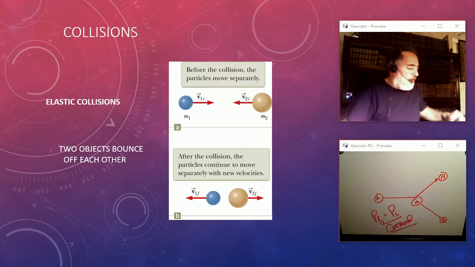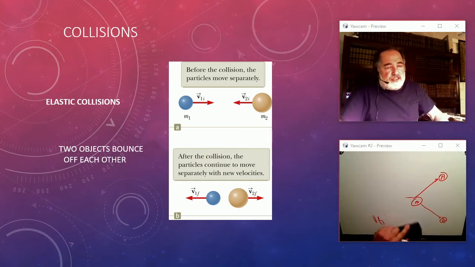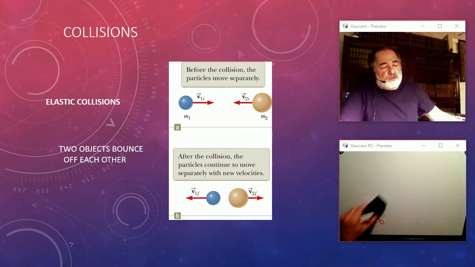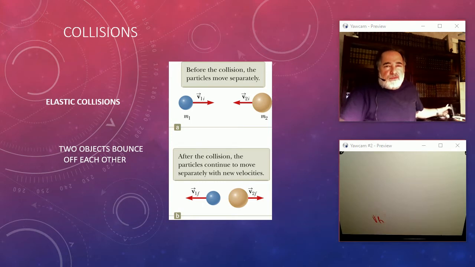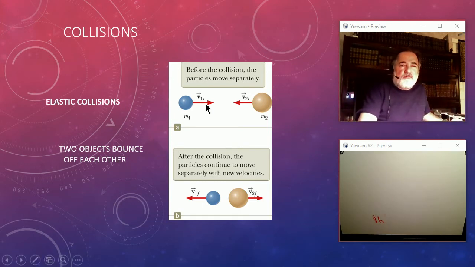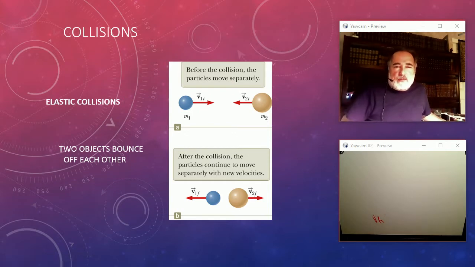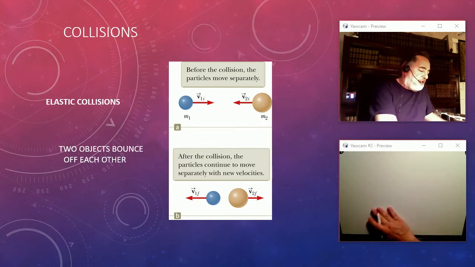So let's look at elastic collisions first. Elastic is where they bounce off of each other. If you look at this little diagram here, you have one ball colliding with another, and they separate out after the collision.